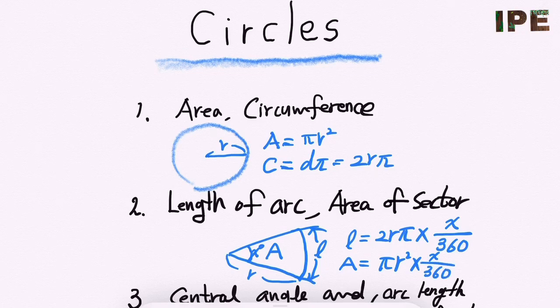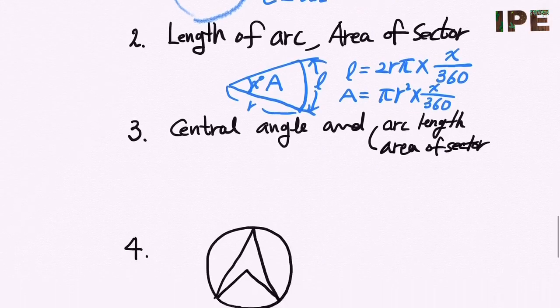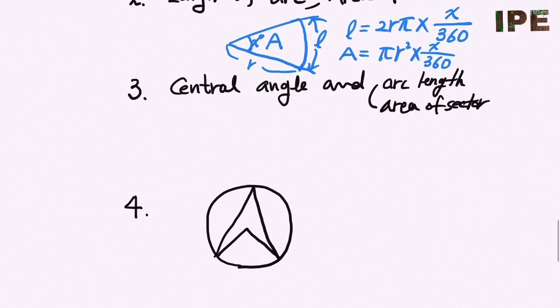Because the central angle and the length of arc, and the central angle and the area of the sector, are directly proportional.